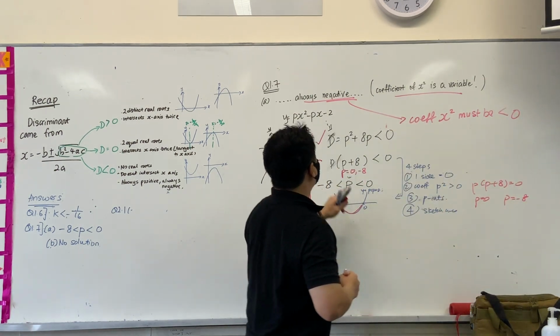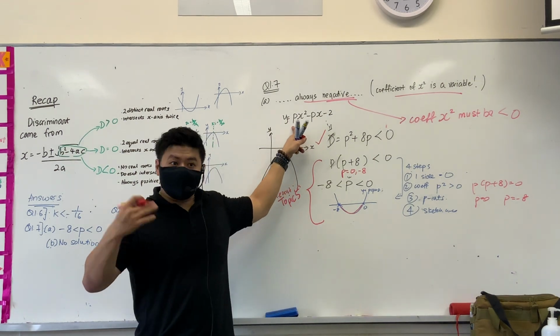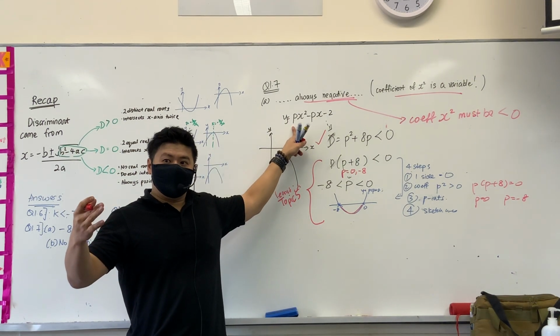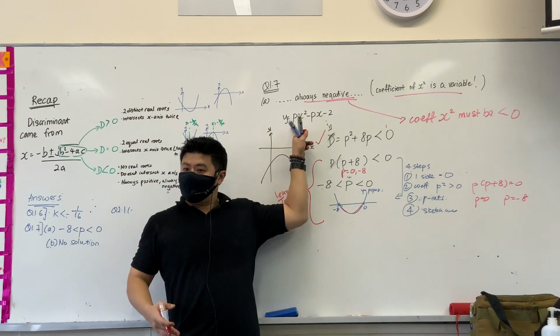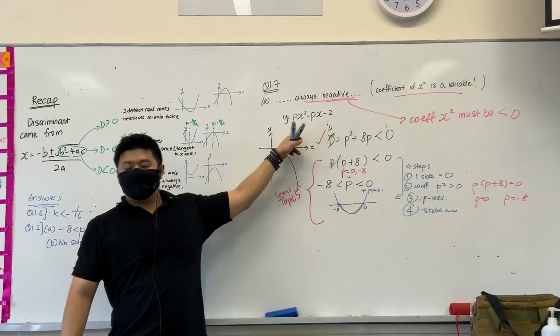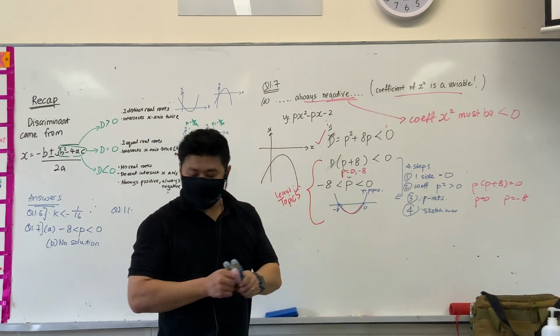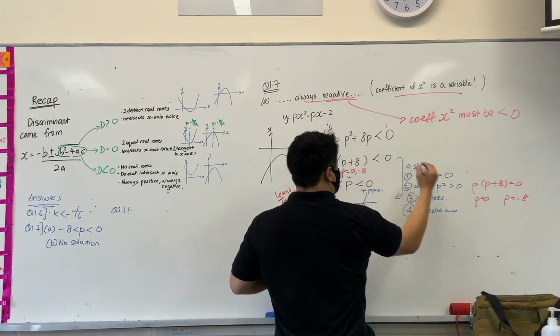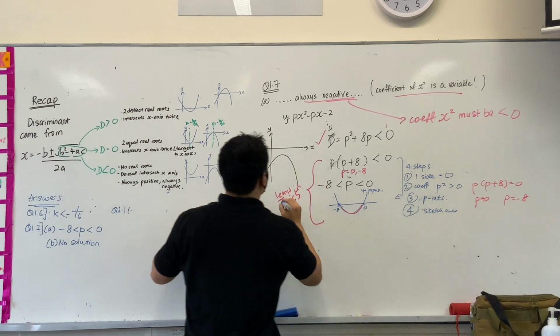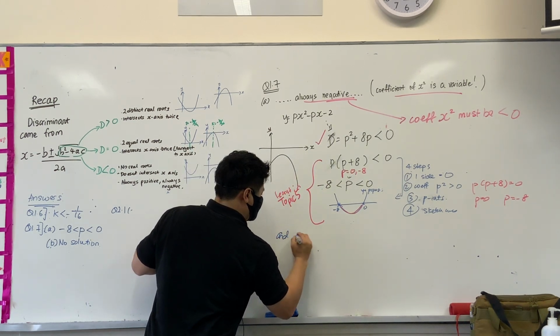So what does it tell you about p? P must be less than 0, correct? So p must be less than 0. So guys, you need to consider p also must be less than 0.